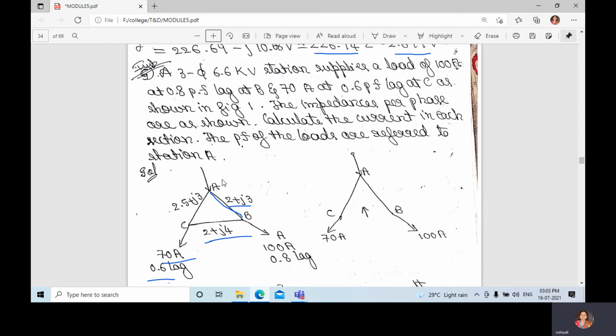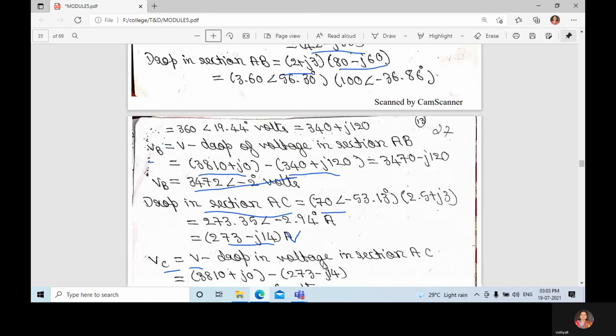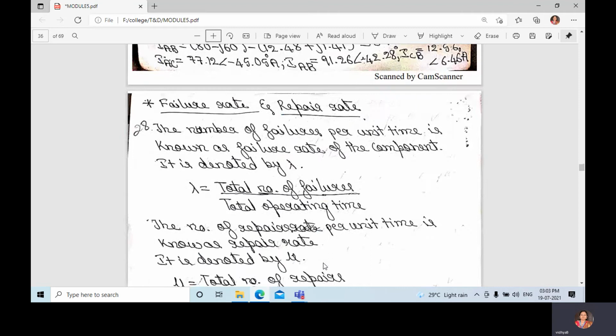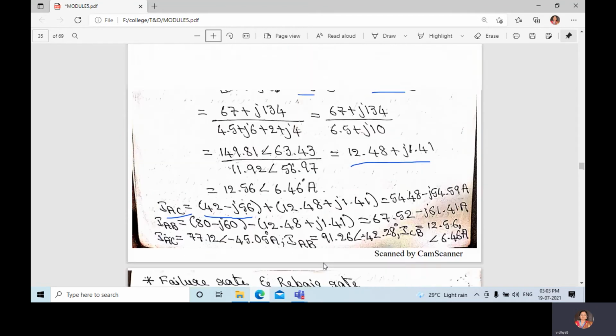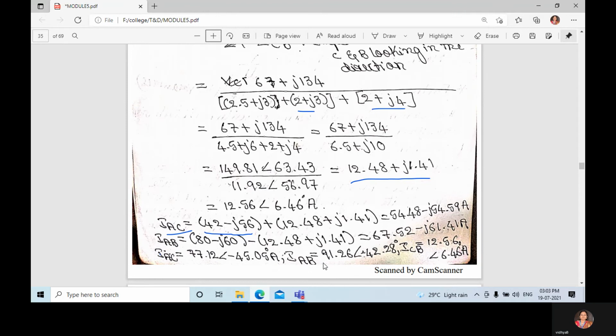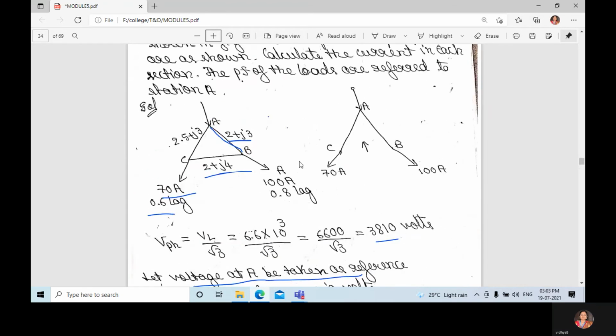That means here from A to C, let us see how they have taken it.